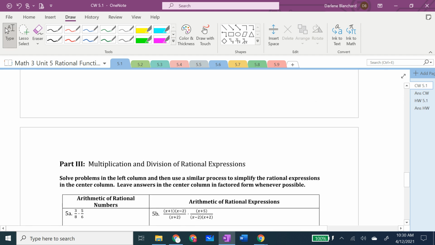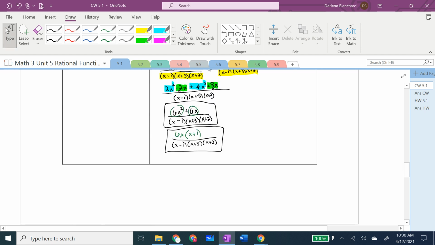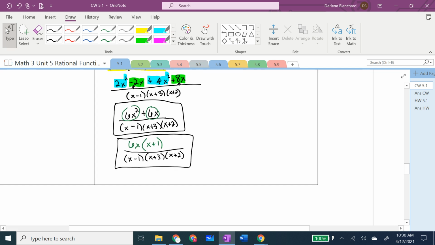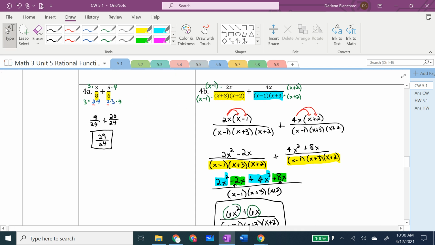If we're doing addition, you will have to factor them. Those denominators are going to be in factored form in order to do the addition. Yes.